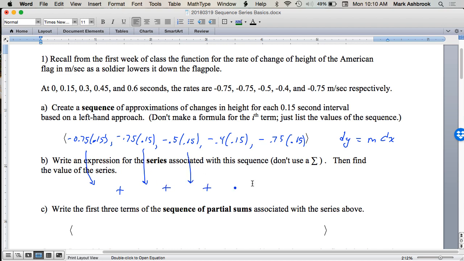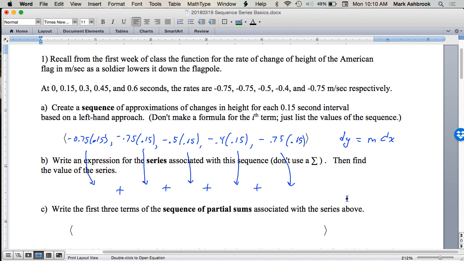I'm not going to rewrite them. This would be an example of something we might actually grade for some credit points. Did you take whatever you wrote in part A and then just show it as all of them added up? Because we hammered that on Friday, that's what a series is. You just take all the terms of the sequence and you add them up.